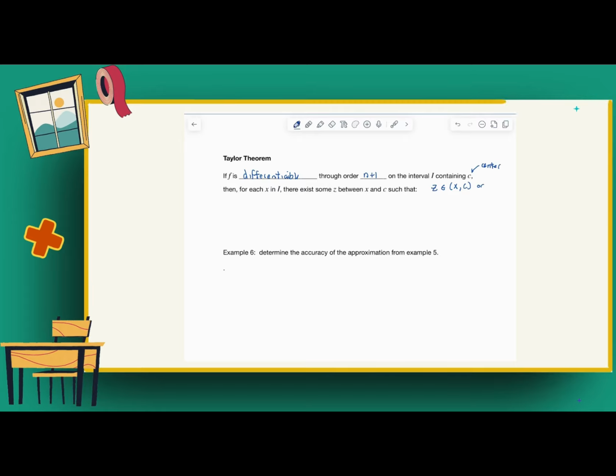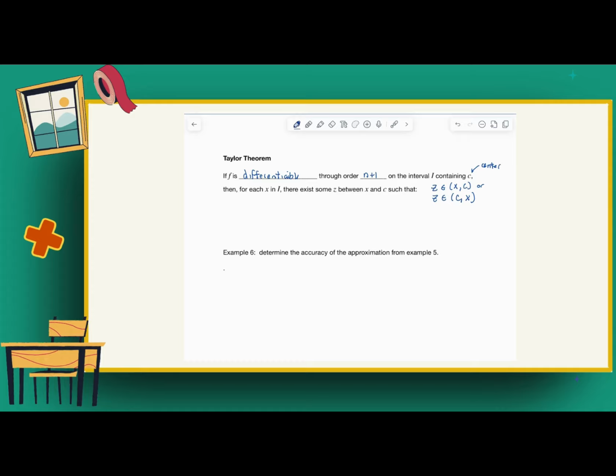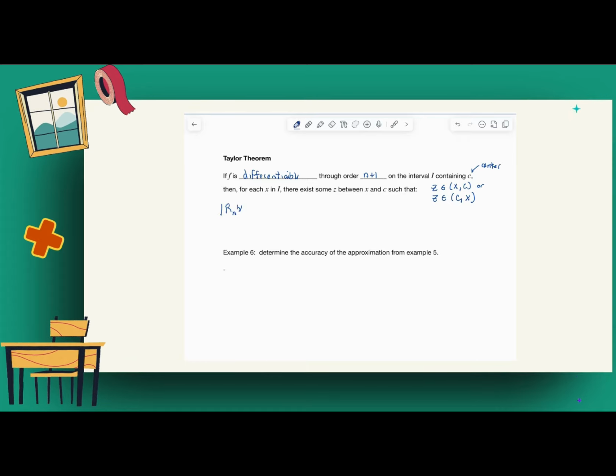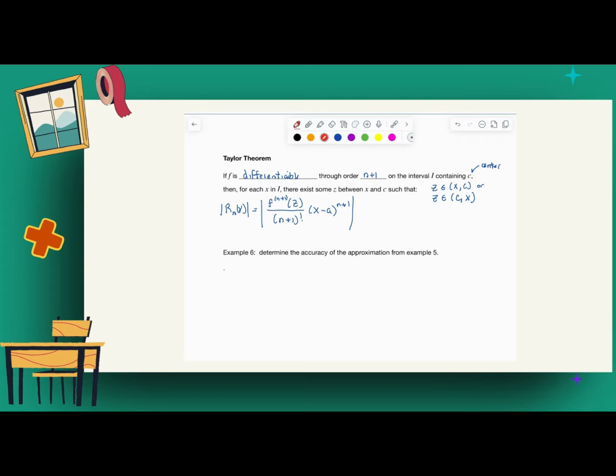Now, it might be written as z is between x and c, or z is between c and x, depending on if x is less than your center or greater than your center. Then you could conclude the following. So R_n of x, our remainder, is going to be equal to the absolute value of f to the n plus 1 derivative of z divided by n plus 1 factorial times x minus c, or x minus a, or your center, to the n plus 1 degree.